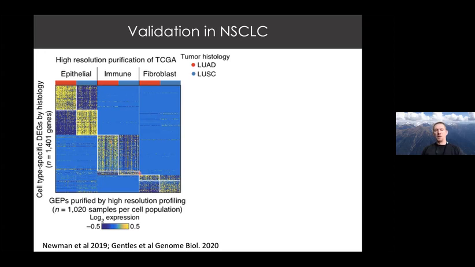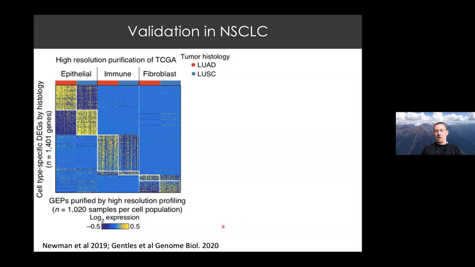There were genes within the pan-immune CD45 plus compartment that were differentially expressed between the adenos and squames, and similarly in the fibroblasts. And this is done without any reference to the actual histology labels in TCGA. So CIBERSORTx knows absolutely nothing about the existence of adenocarcinoma versus squamous cell carcinoma, but it's able to find these differences between them in these different compartments.